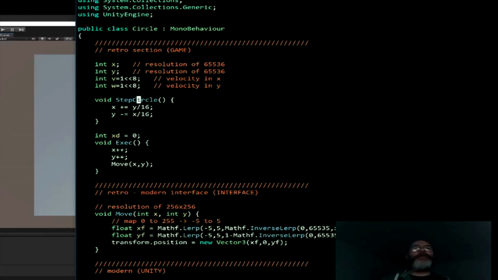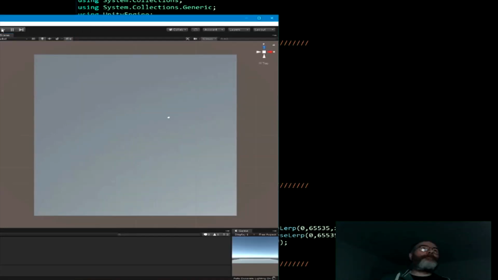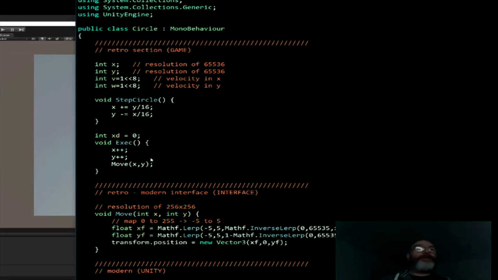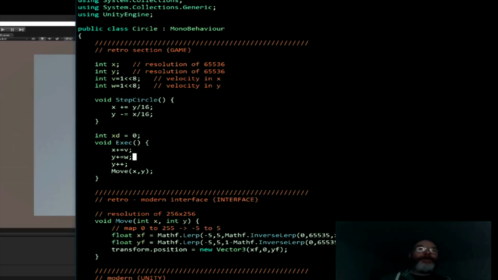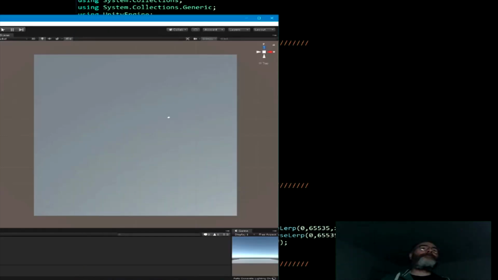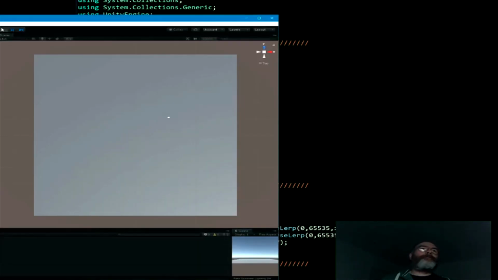Of course, this gets a bit tedious with multiplied by 256, but if we really go retro, we can always just do this. Shift it 8 bits that way. So let's see how that works. I'm not using step circle at this point, so that's disappointing. Why? Because I may have set up the velocity, but I forgot to actually use it. See, it's a bit caught out. Put x plus equal v, y plus equal w.